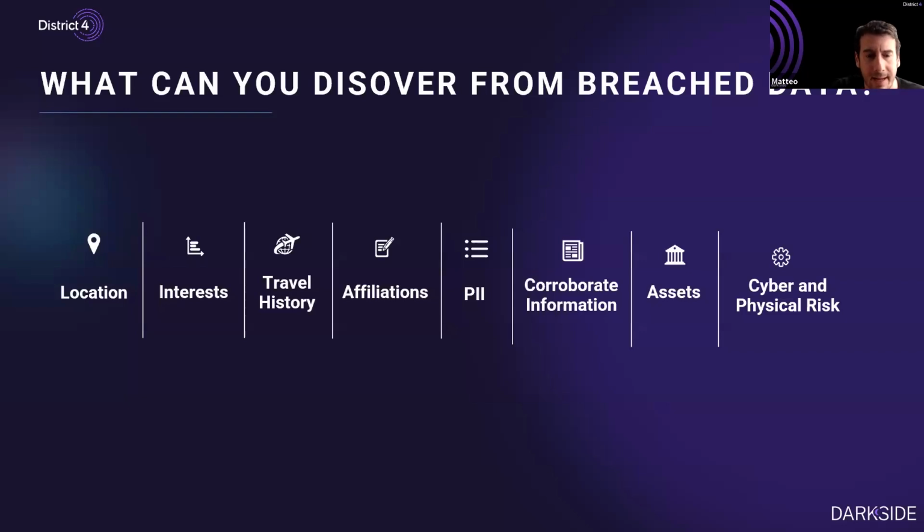Like you might have a sense that subject X's birth date is in this month and year, or have a sense they lived in China or in Russia at a certain period of time, but you don't know for sure because public records in that jurisdiction aren't that great. You can look at breach data and see that they ordered a pizza 20 times using Yandex Food in Russia to this particular address. You can get a sense of corroborating information that you might already have.